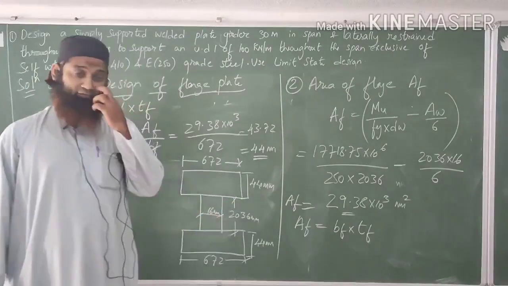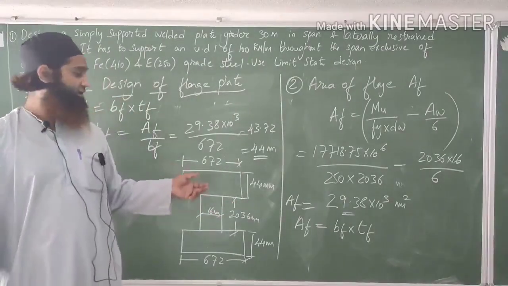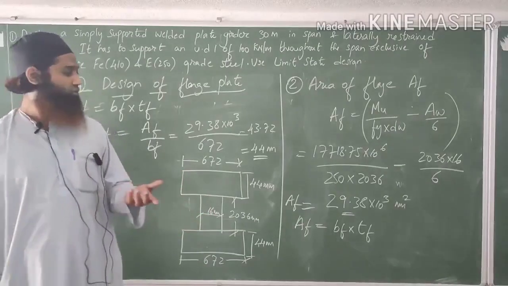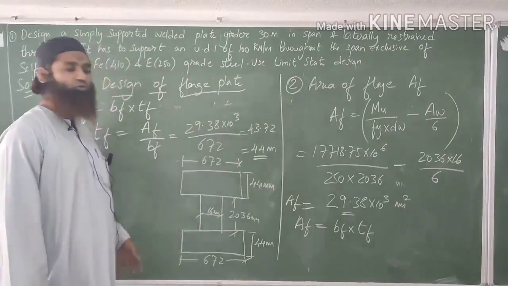Practically, a 44 mm sheet can't be welded. It is not possible. So we'll convert this 44 mm into a number of plates.